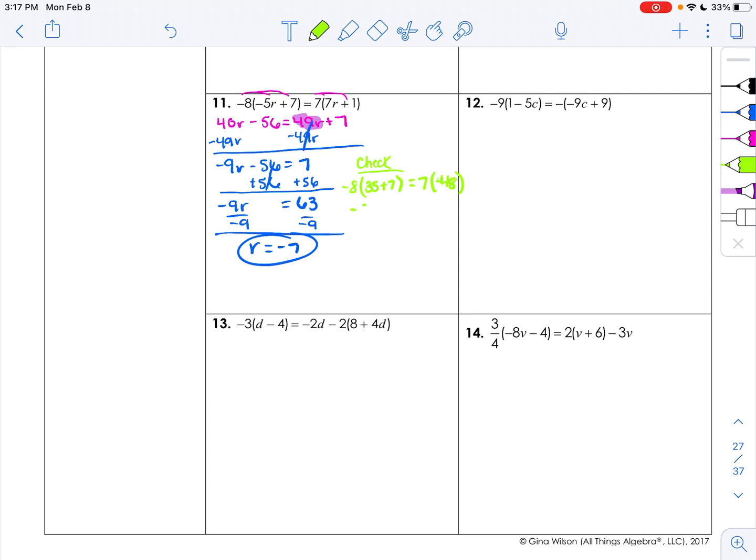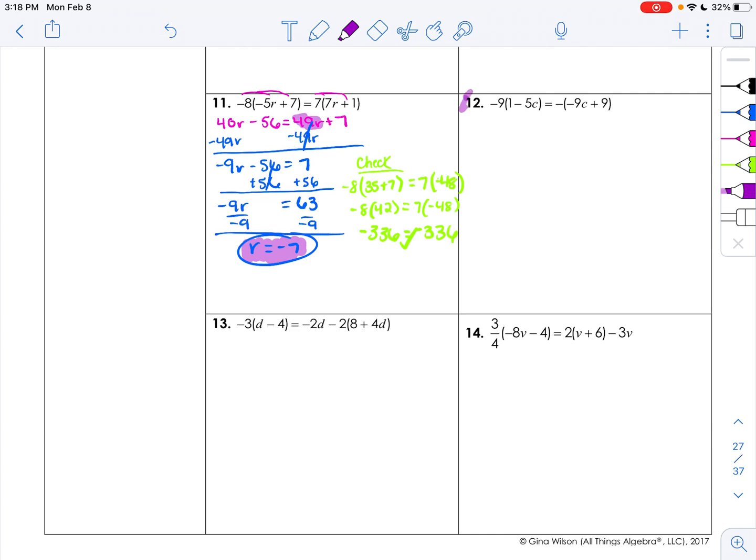So then negative 8 times 42 equals 7 times negative 48. And negative 8 times 42 is negative 336 equals 7 times negative 48 is negative 336, which is true. So r equals negative 7 is my answer.